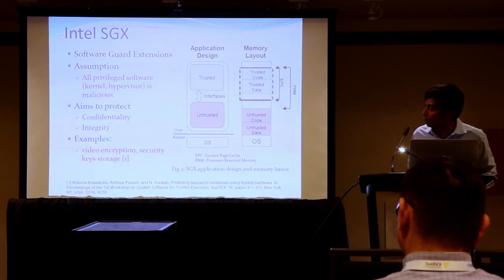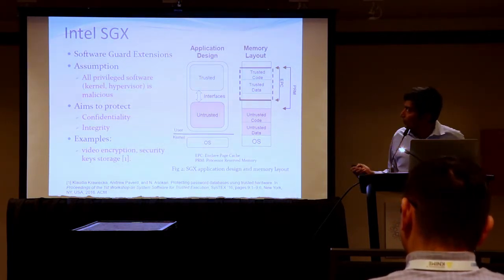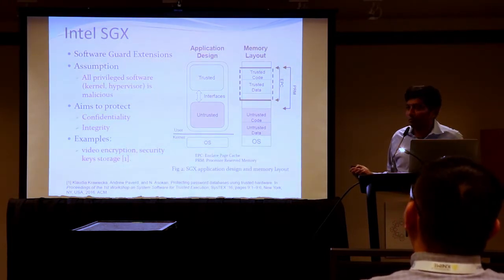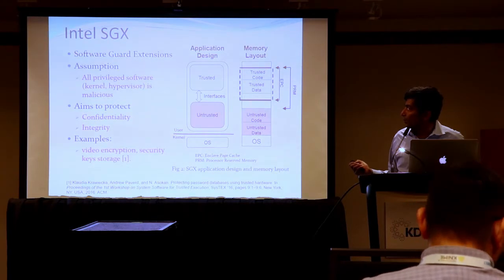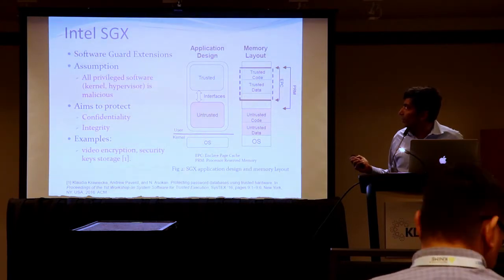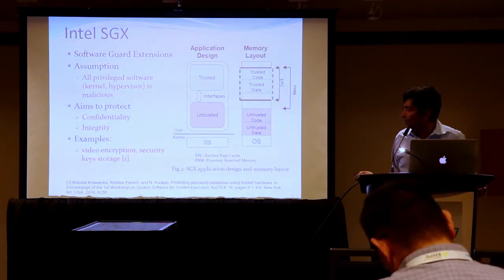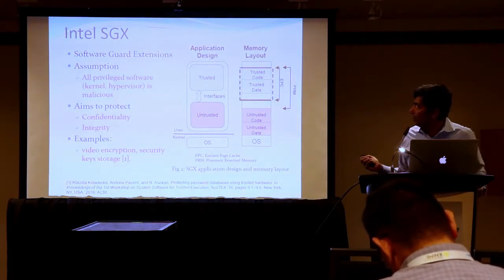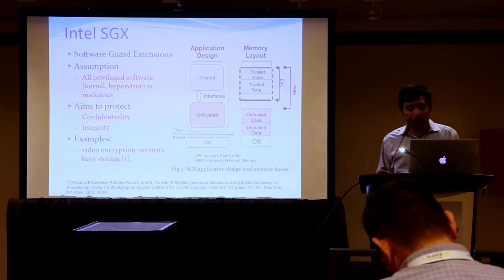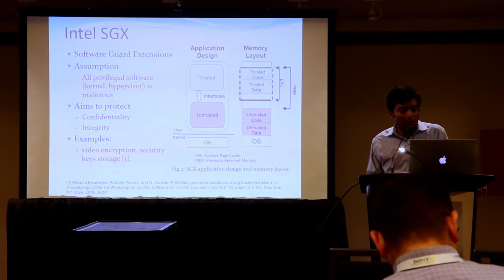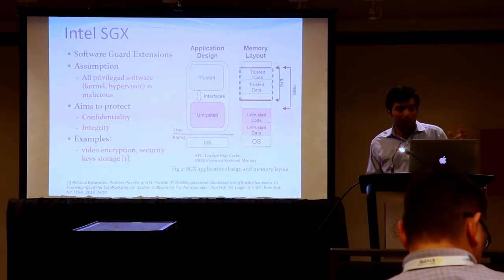There's some work in this domain, and here is an example application layout. You have the trusted part and the untrusted part. The trusted part has trusted code and trusted data that run in an enclave area, and the enclave area covers the enclave page cache. Usually this is a protected memory, and its size per processor per machine is around 128 megabytes.